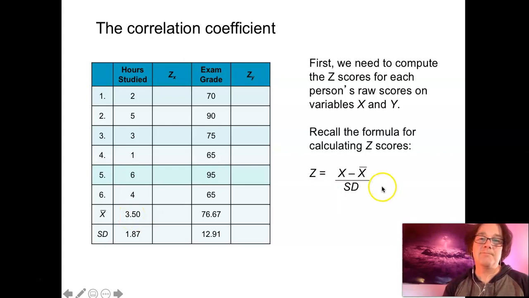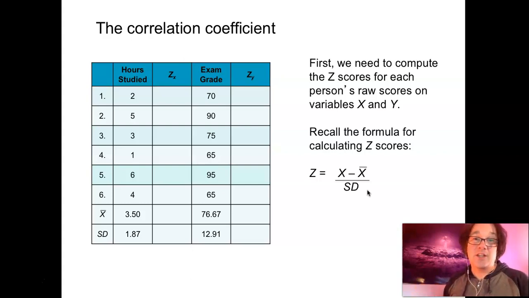Again, this is not a math lesson. I want you to understand what's actually going into computing these coefficients, so we have a better understanding of what they actually mean. So we got our mean and standard deviation there, and I even did it for our y raw scores as well.